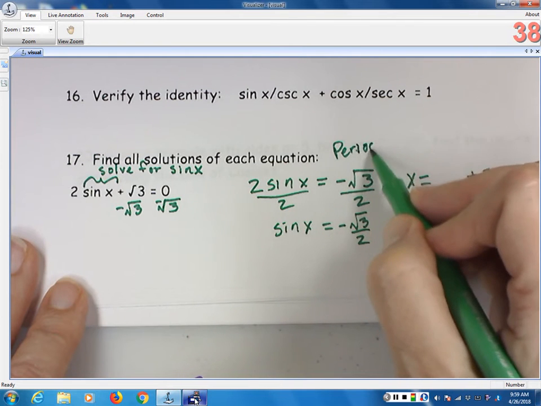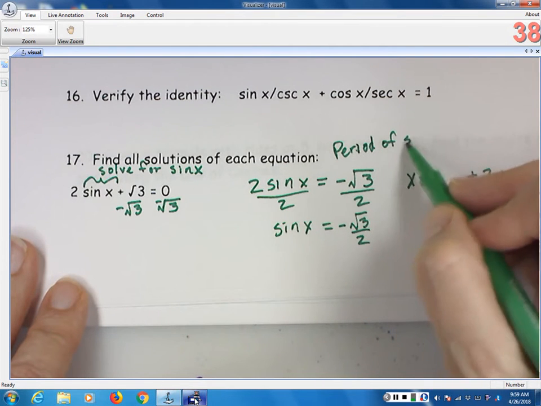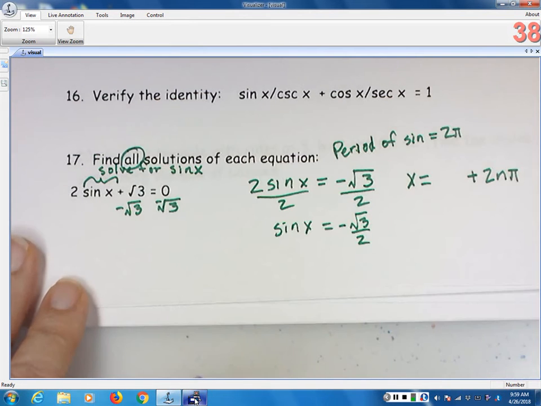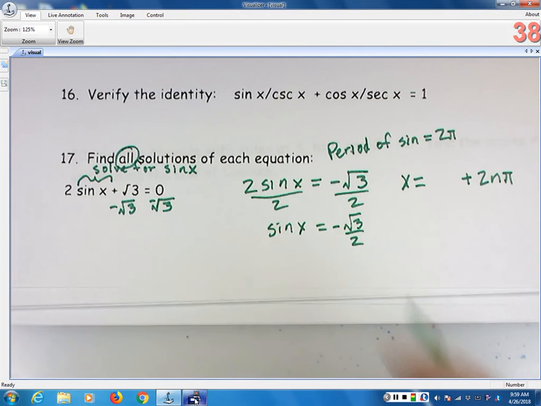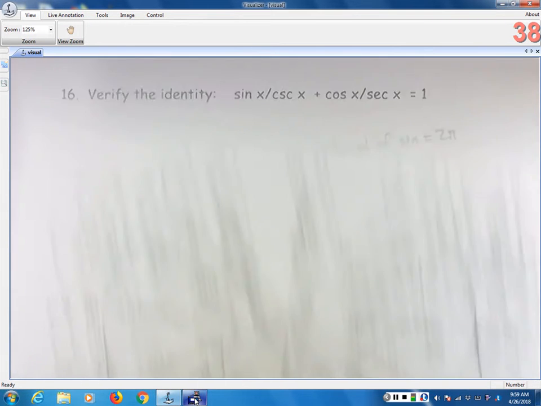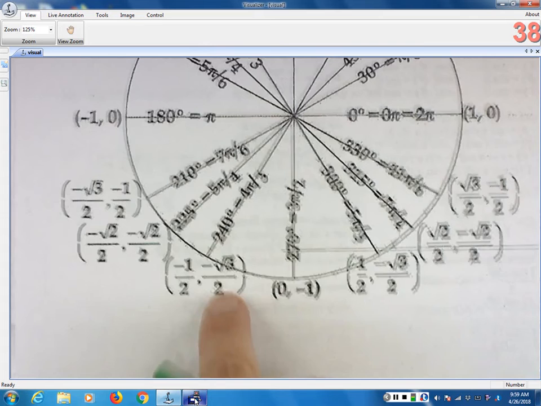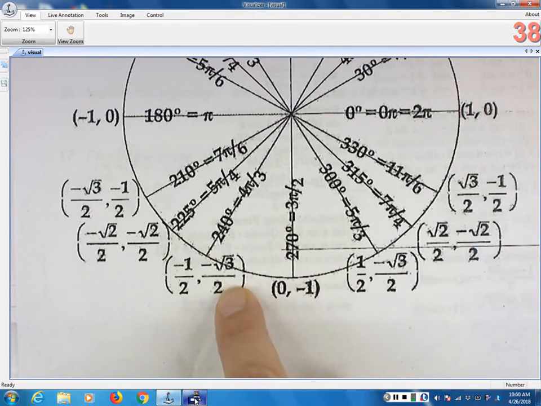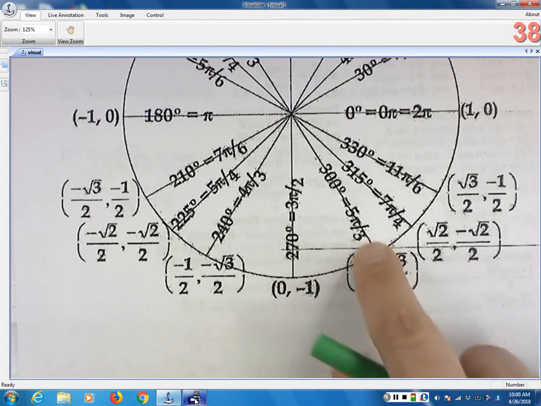And it said find all solutions. So you look at the unit circle, where is y equal to negative square root of 3 over 2? At 4 pi over 3 and at 5 pi over 3.